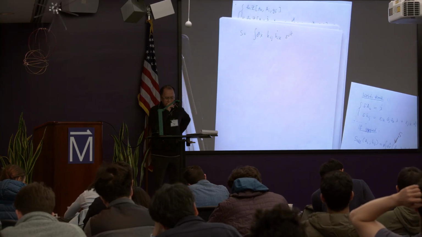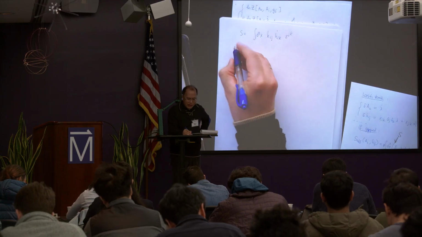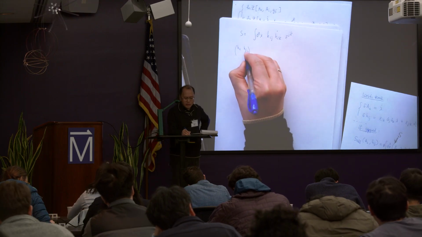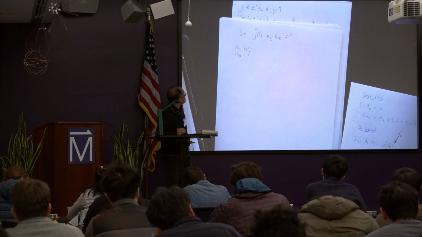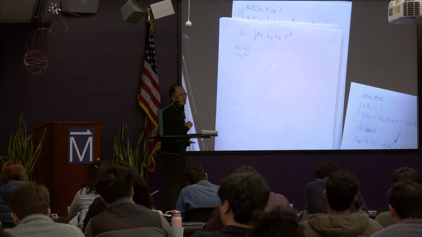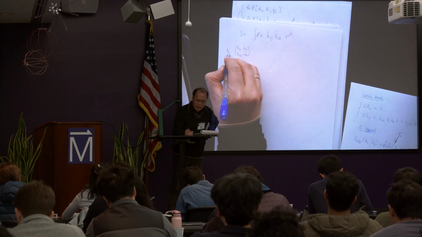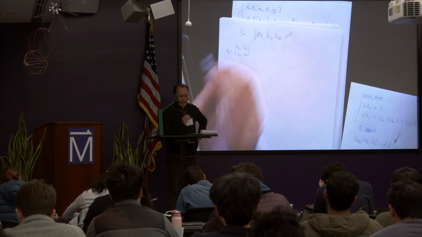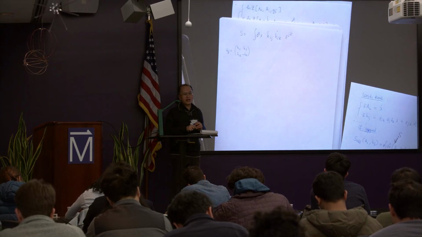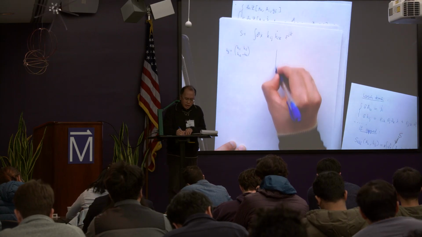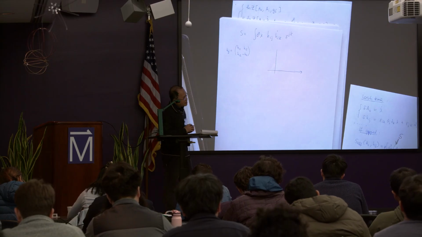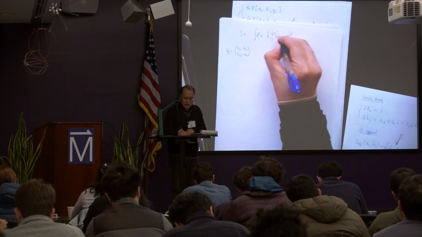Recall that I have a 2x2 matrix H11, H12, H21, which is also equal to H12, and H22, which is equal to minus H11, because I assume my metric perturbation has zero trace, or the total metric has determinant equal to 1. Suppose I forget about the spatial dependence of H and think about only the time dependence.